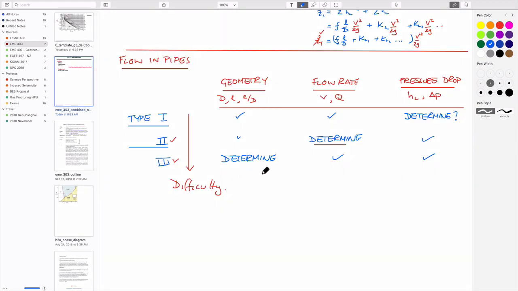So that's kind of where we are. So what we did today really was just explore these two. By far the easiest one is when you're given a velocity, which means that you know the Reynolds number, and therefore you can figure out directly from this relationship here exactly what the head loss is, because this is a function of velocity, which you know.